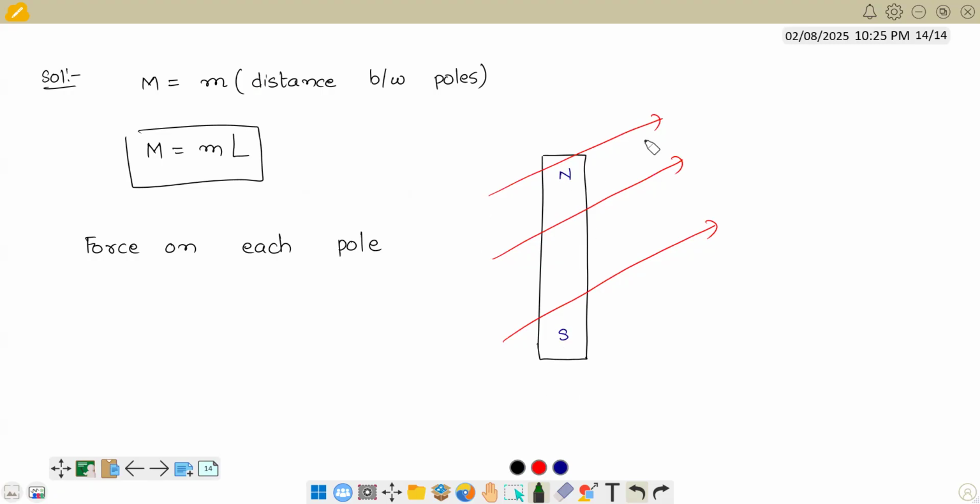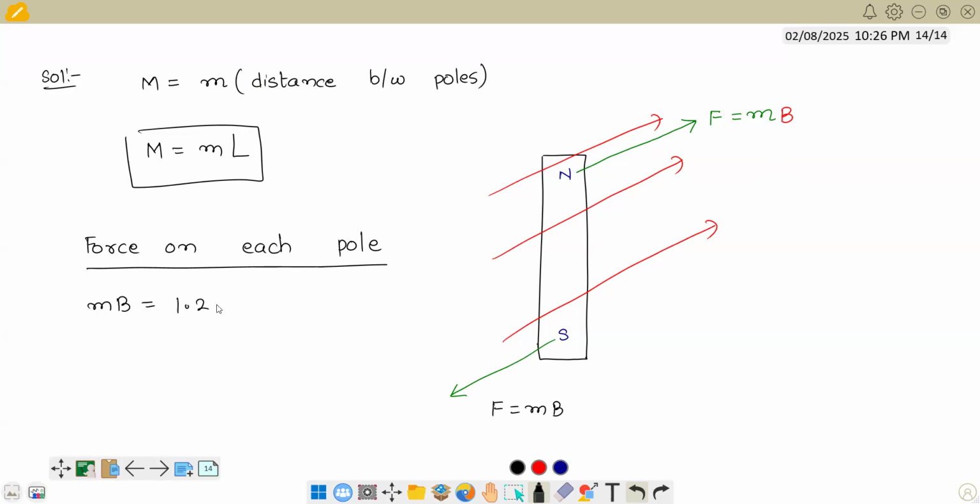This pole would experience a force in this direction, which is equal to m into whatever the magnetic field strength is at that location, m into B. This pole also would experience it, but in the opposite direction, because this will behave like a negative charge and this will behave like a positive charge. So F is equal to m into B.